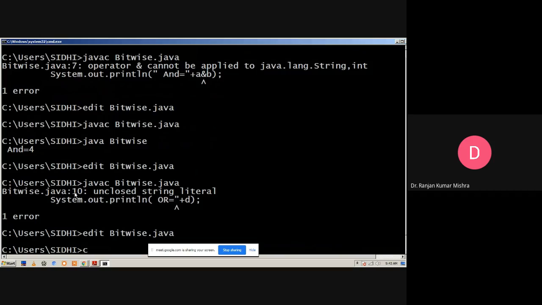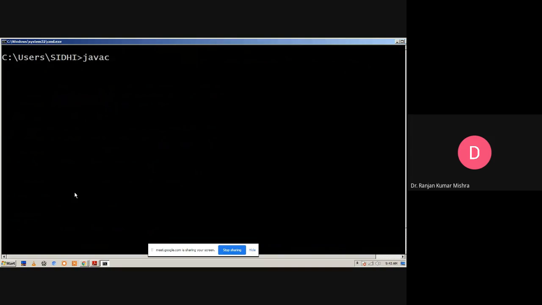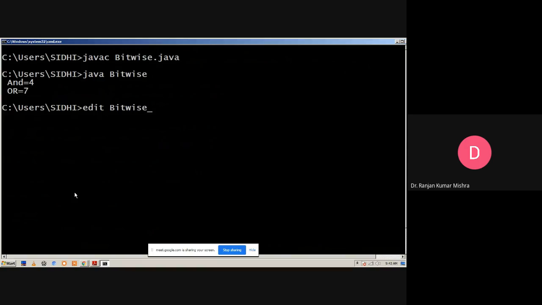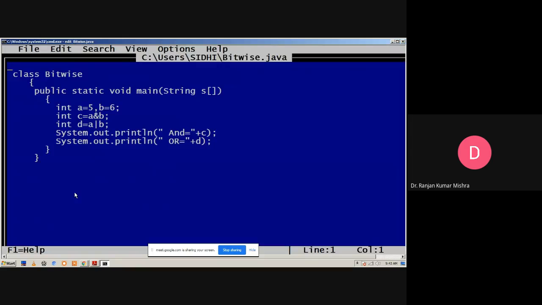Exit. Okay. CLS. Javac Bitwise.java. Now java Bitwise. The OR gives 7. So basically, this is the output of the bitwise OR operator. Now we see the exclusive OR output.